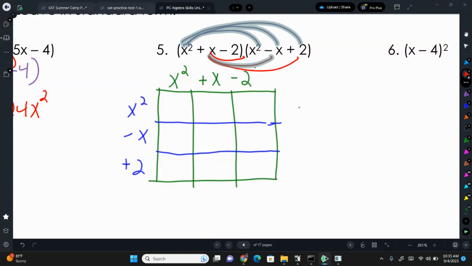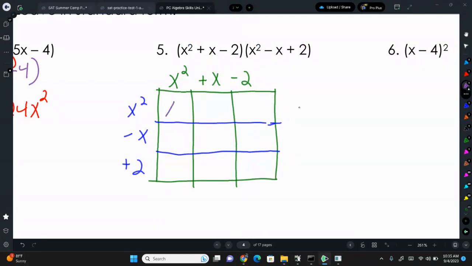So by doing it in this box, I can say, okay, x squared times x squared, that's x to the fourth. X squared times negative x, that's negative x to the third. X squared times 2, that's 2x squared. Then we have x times x squared, that's positive x to the third. X times negative x, that is negative x squared.